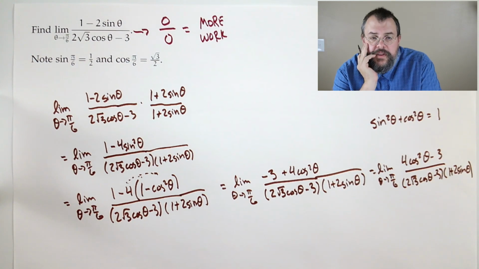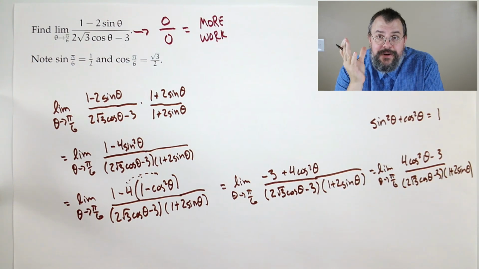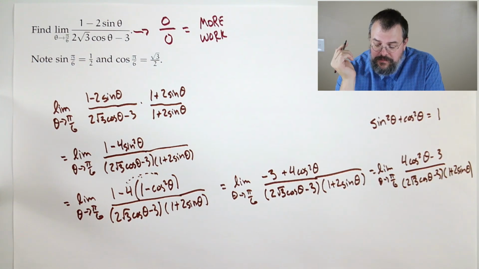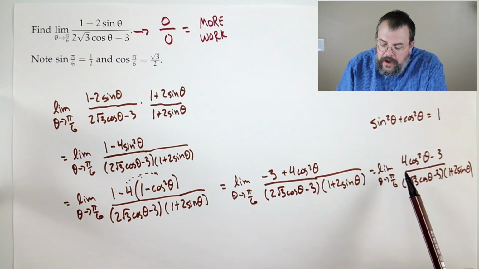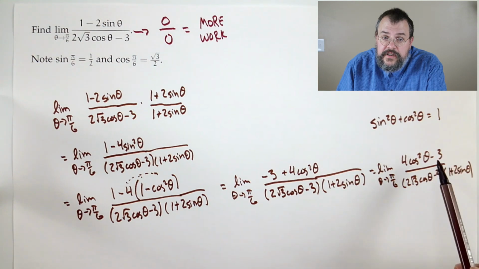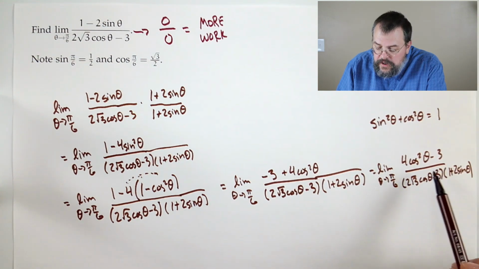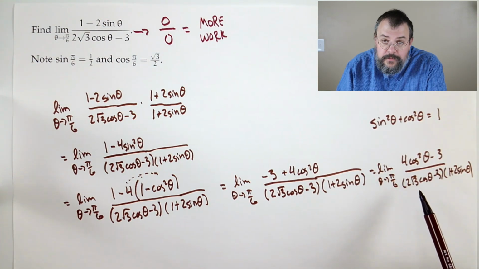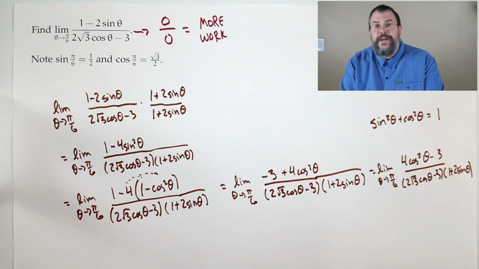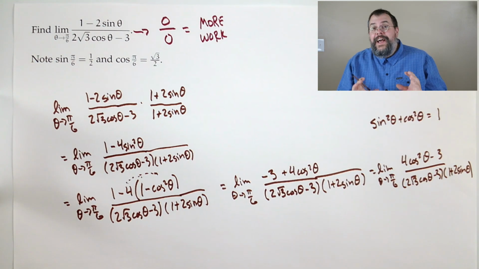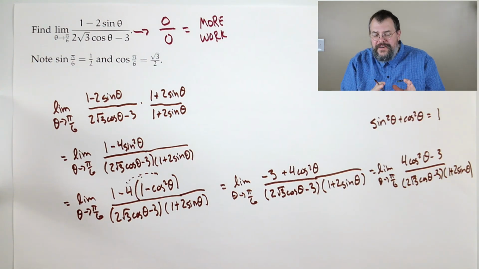Now, we start thinking, I need to do something to try to get a cancellation. I really want to find something upstairs among this 4 cosine squared theta minus 3 to look like something downstairs. Well, which means I'm really trying to say, is there anything that looks like 2 root 3 cosine theta minus 3? At first glance, it appears not so clear.